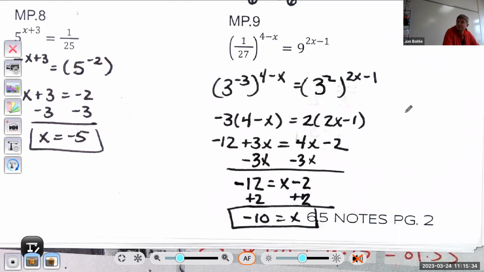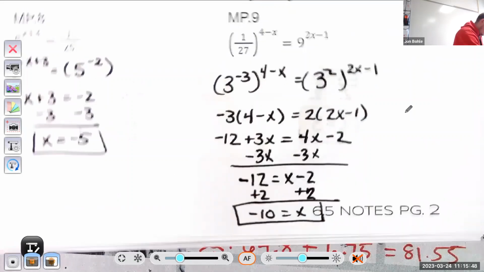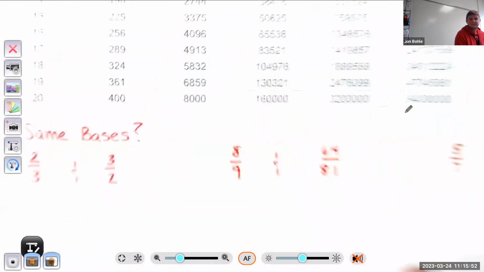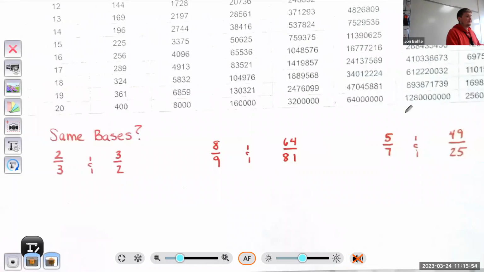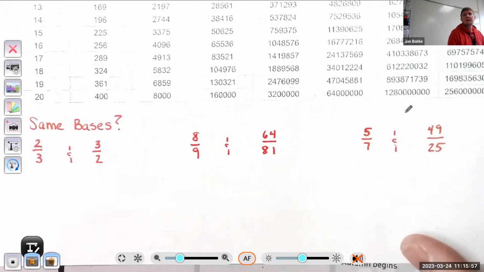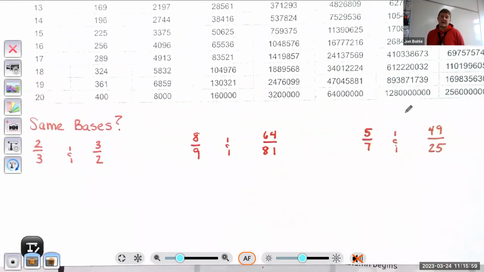Okay, so I'm going to give a couple people a second or two to finish writing this. And then on the bottom of your cheat sheet, I got some stuff I want you to write. I want you to write these three sets.